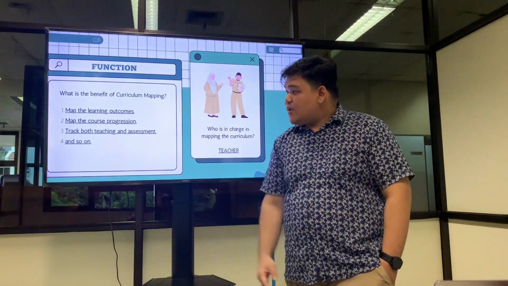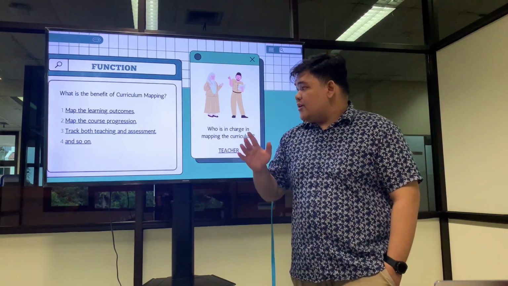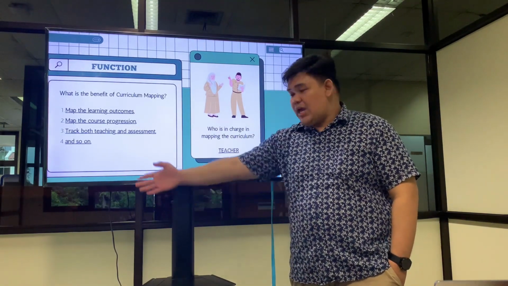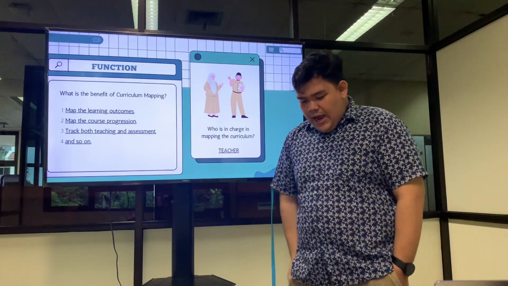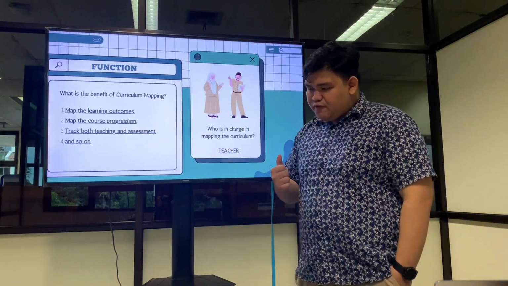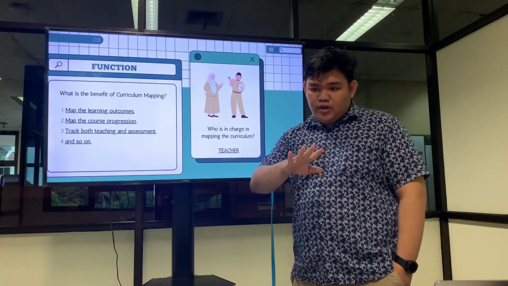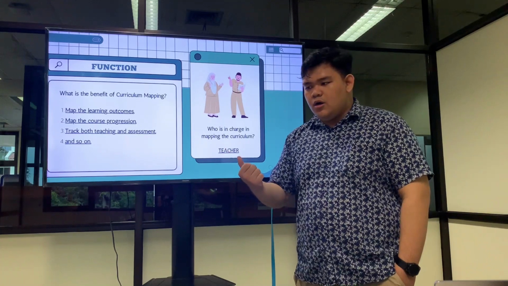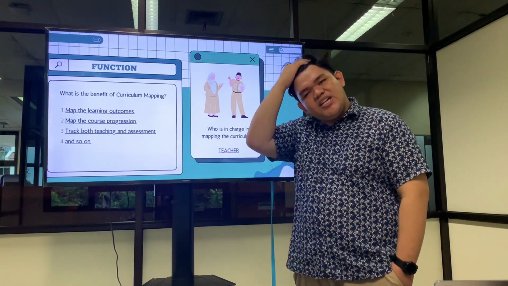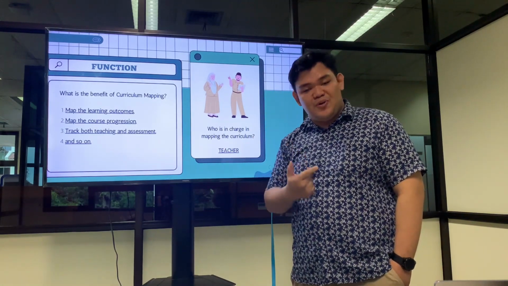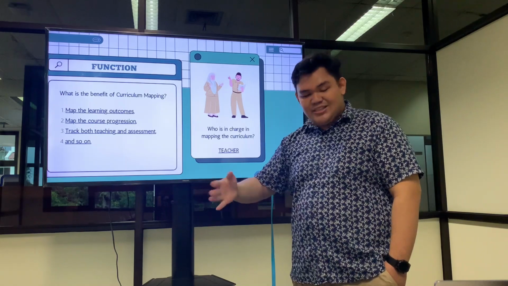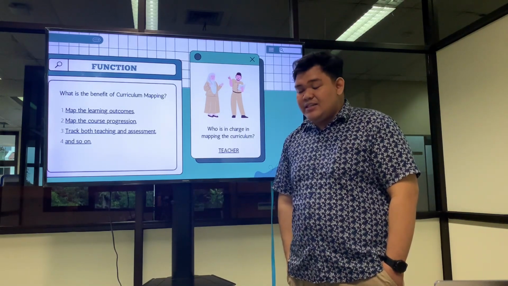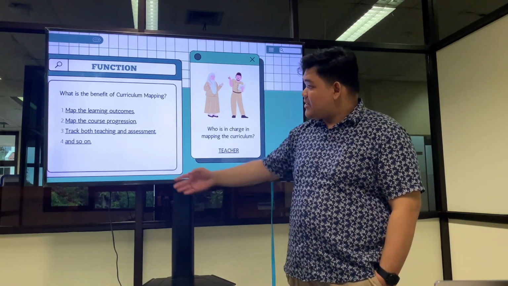And then the third one, we can track both teaching and assessment, and so on and so forth. For example, guys, if you still remember back then when you had PPL or PLP, right? You can still remember about Prota and Prosem, right? Program tahunan atau semester. And this is also crucial, same as curriculum mapping.